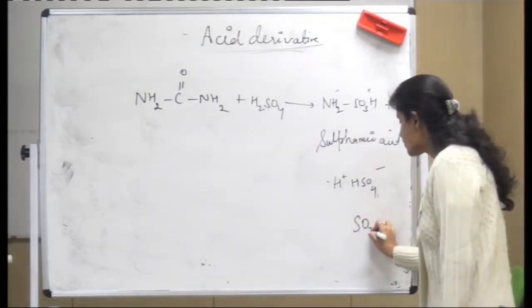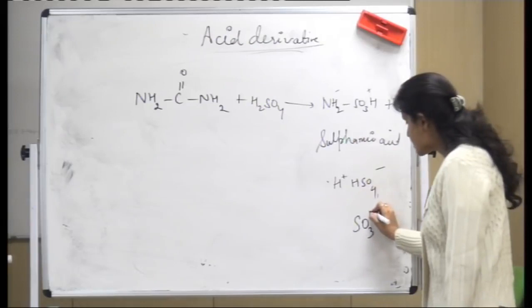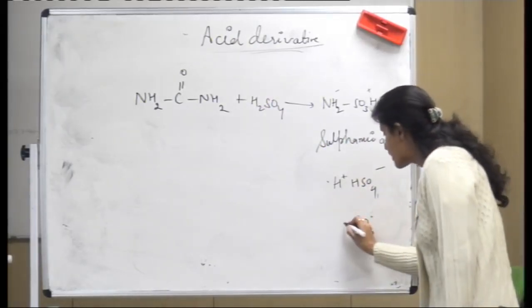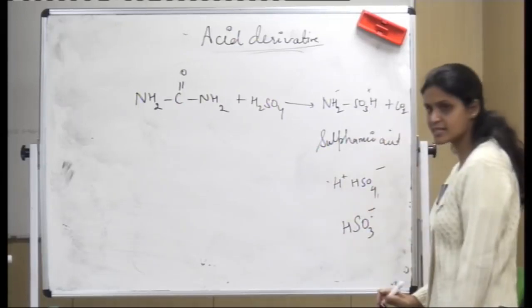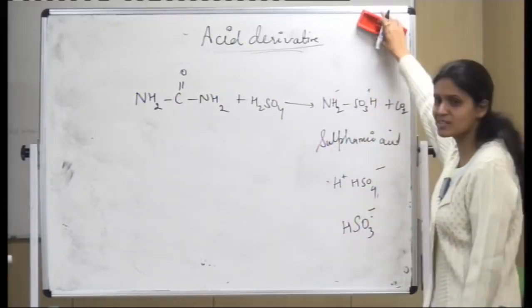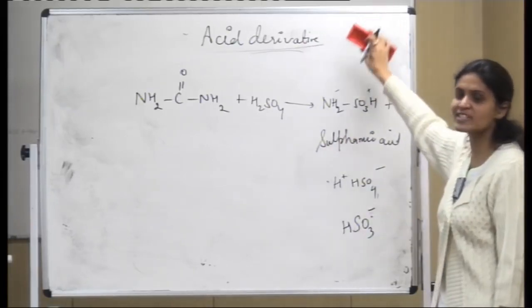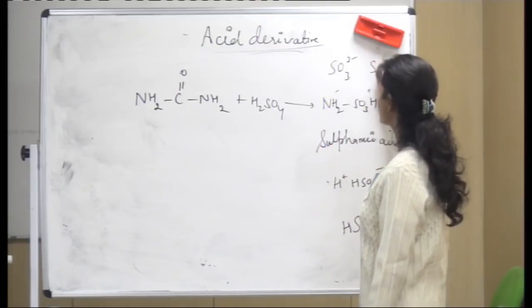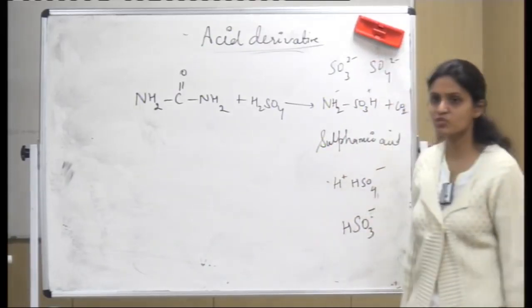Okay, I know about sulfite. SO3 is 2 minus. If I combine it with the proton, it will become HSO3 minus. Then what would be the reaction? Both sulfite and sulfate have the valency of 2 minus.